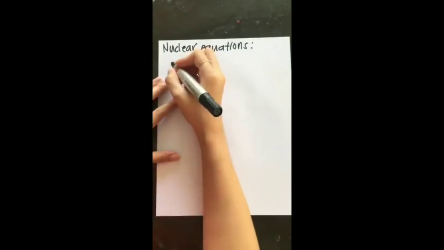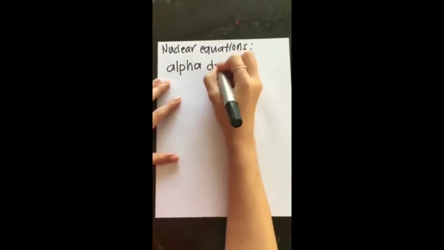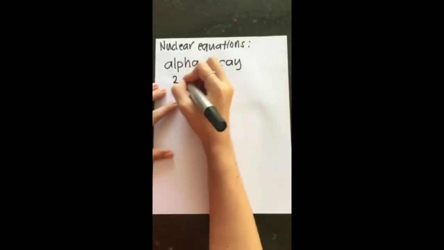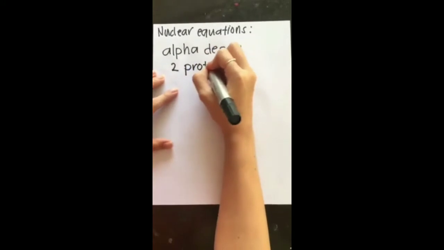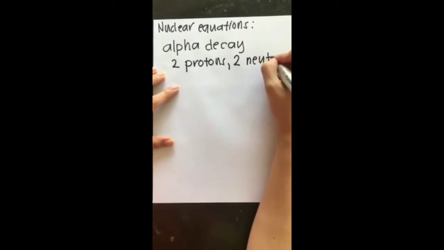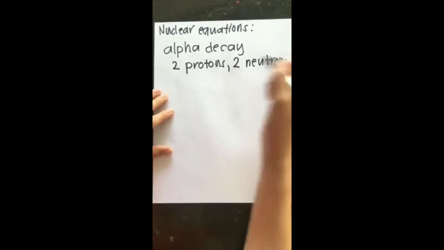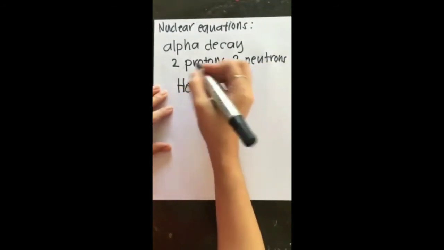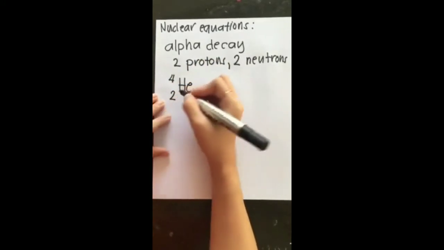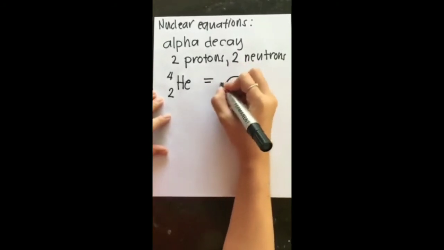So the first type of nuclear equation is the alpha decay. In alpha decay, let's remember that it has 2 protons and 2 neutrons, and it has the general formula of helium 4 and 2, or simply known as alpha.